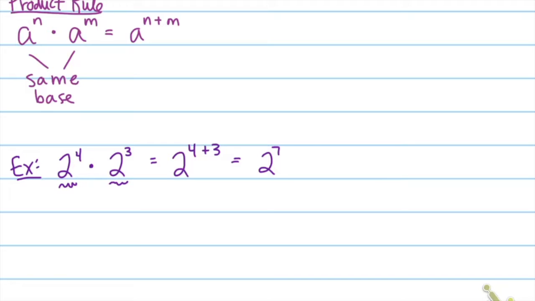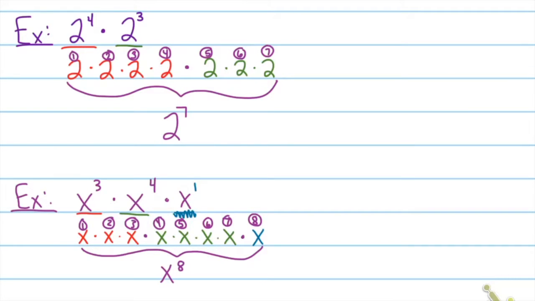Again, why do you add? Well, if we look at this expanded form, when I wrote everything out, I got each of the terms spread out. I was able to look at every single iteration of this multiplication problem. Technically, when you have an exponent, you have repeated multiplication.